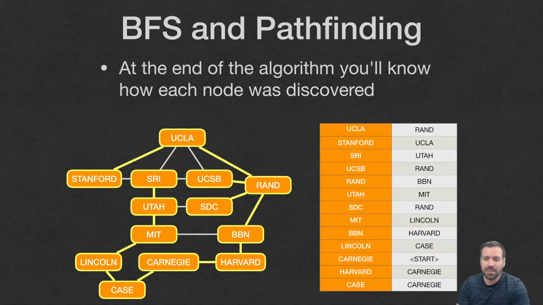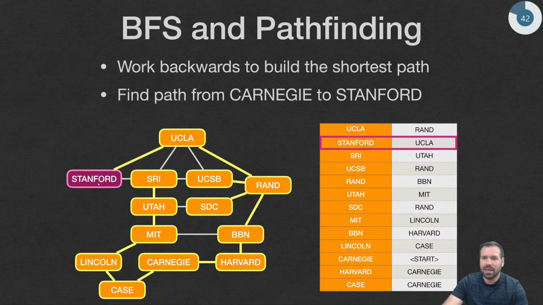We can actually do distance with this information quite easily as well. So to find a path, a shortest path, which BFS will guarantee, we find where we're headed to and work backwards. Let's say we want to find the shortest path from Carnegie to Stanford. What we're going to do is start with Stanford and then build backwards based on that.